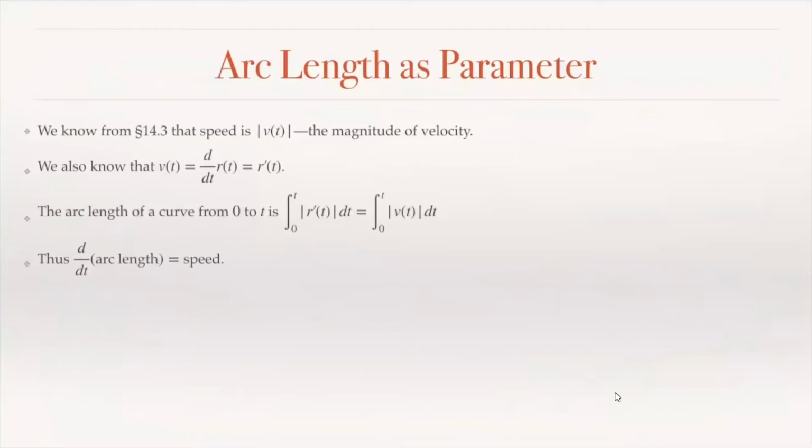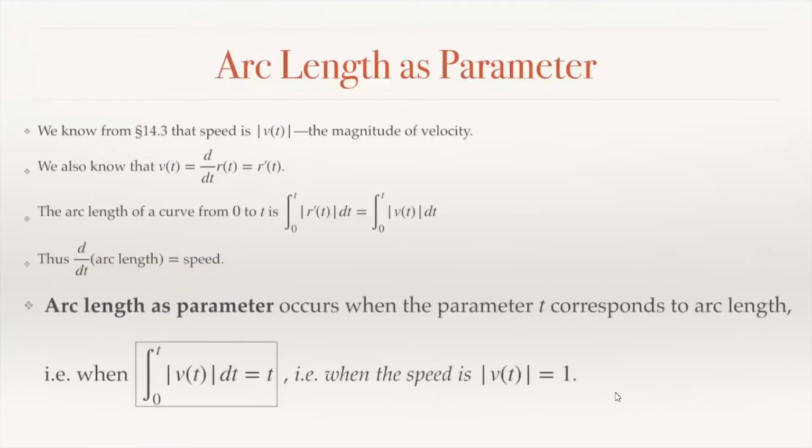And thus, arc length is the integral of speed. So d dt of arc length is speed. And arc length as parameter occurs when the parameter t corresponds to arc length. In other words, when the integral from 0 to t of the speed dt, remember that this formula is the arc length formula, is t.